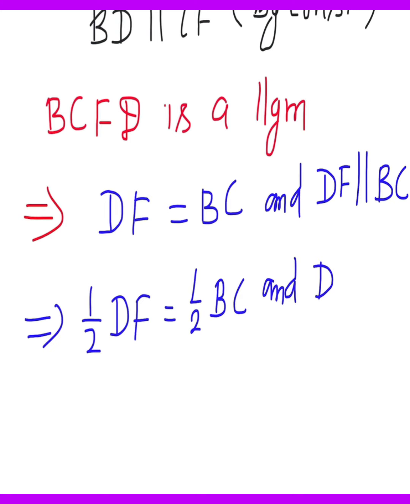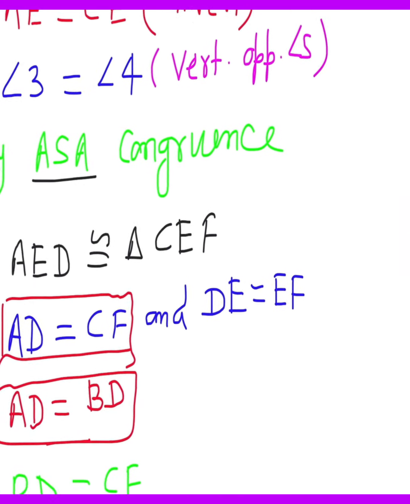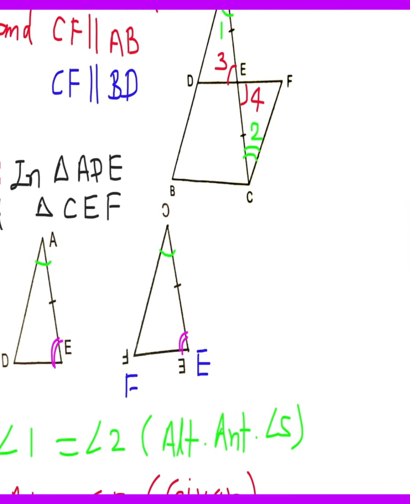DF means one part of DE is parallel to BC. See again in this diagram, if DF is parallel to BC, then this small part is also parallel to BC. So you can say that DE is also parallel to BC. Okay, and E is the midpoint.